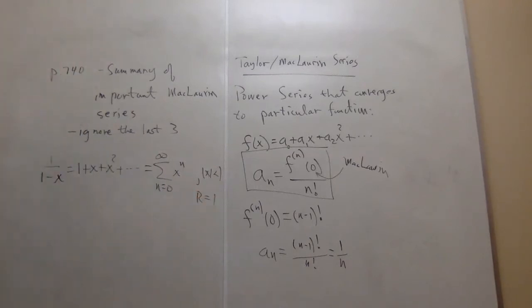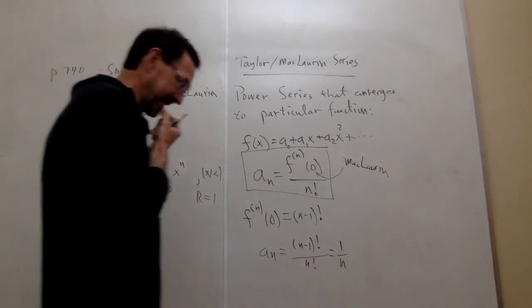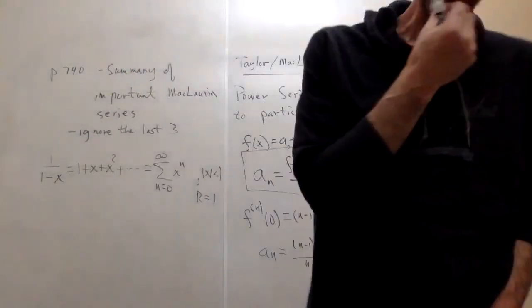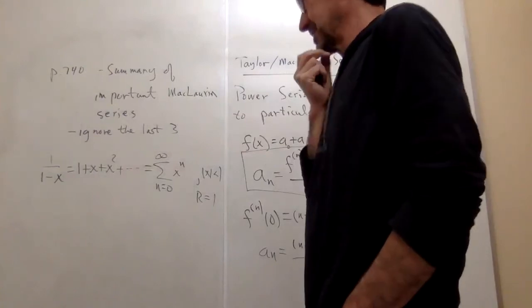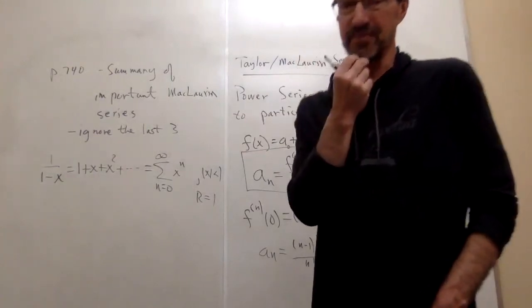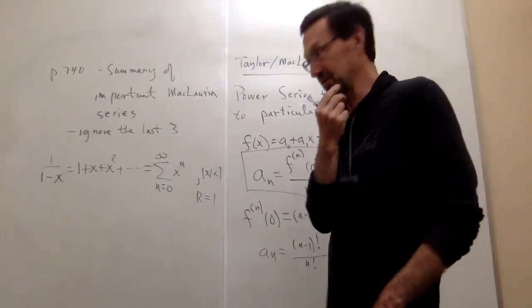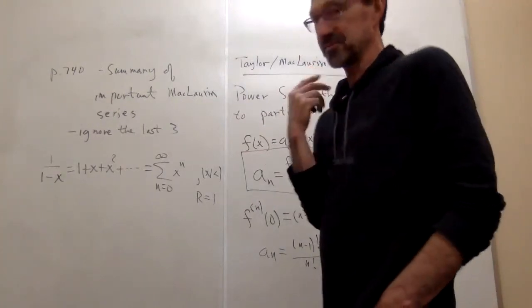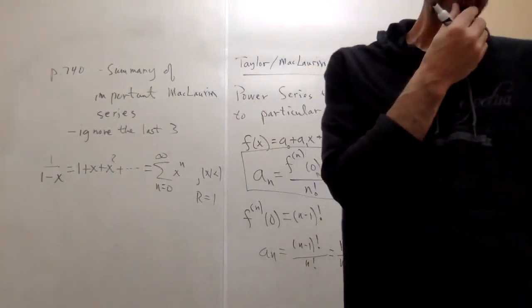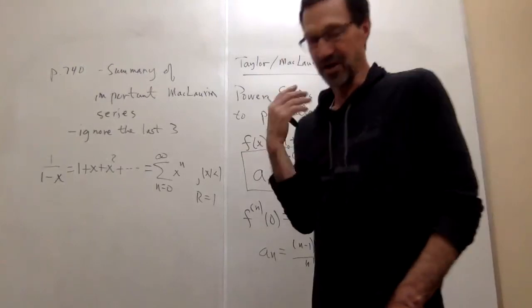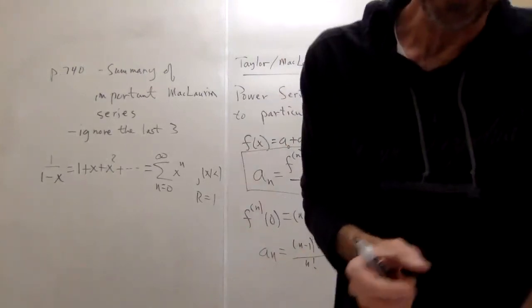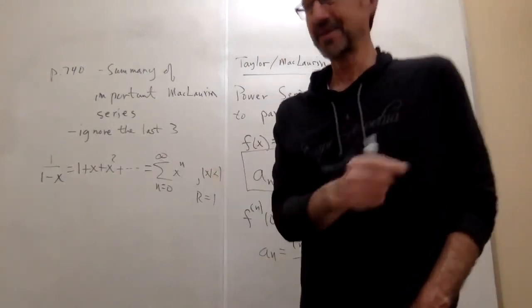The radius of convergence is 1. The interval, I think it's pretty clear that if x is 1 or minus 1, the series is going to diverge. And so the interval would just be the open interval minus 1 to 1. Okay, so they're all listed like that. I don't see a single one where it says R equals.